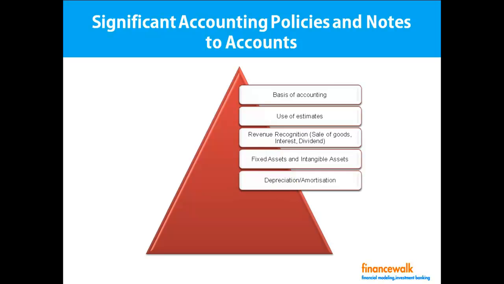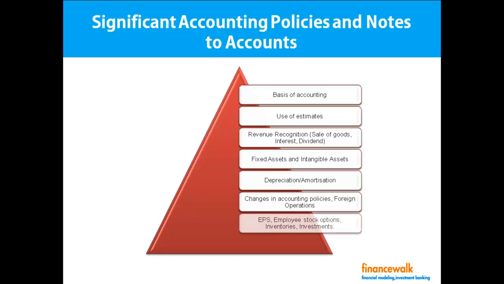Then we need to check depreciation and amortization policies, changes in accounting policies, foreign operations, and EPS, earning per share, then employee stock options, and inventories and investments. So we need to check the significant accounting policies about these variables. Okay.